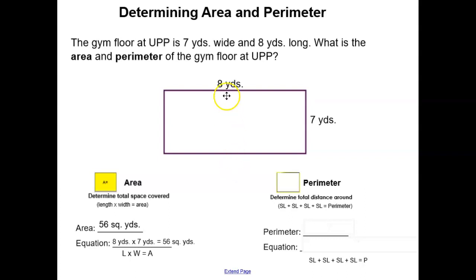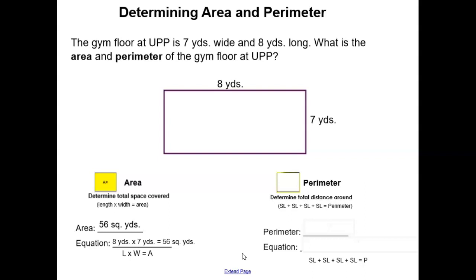Yes, you would add 8 plus 8 plus 7 plus 7 to carefully add all of the side lengths together to determine the total distance around. Please write down your equation and use what you learned about adding multiple addends to solve it.